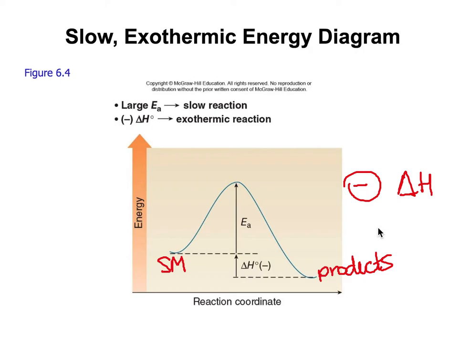So we don't have to put energy into the system. The system actually releases energy when this reaction proceeds, so that's favored. And then we have a high activation energy, which is this value right here. The activation energy is high, meaning that this is going to be a slow reaction.